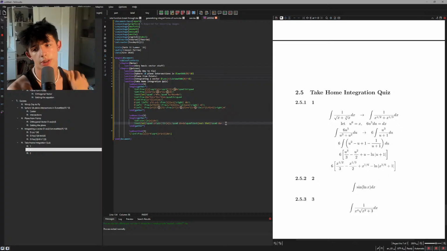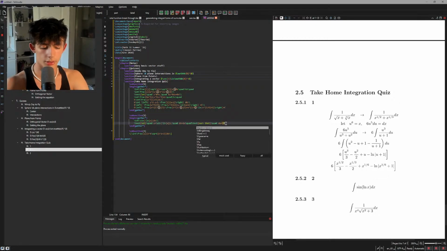So we essentially have cosine of the natural log of x times 1 over x, so cosine of the natural log of x over x.